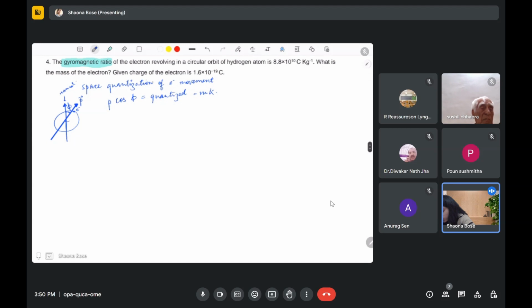So this is mk. And the electron is moving around this atom. So it has an associated magnetic moment. You calculate it as IA, right? So what is I?